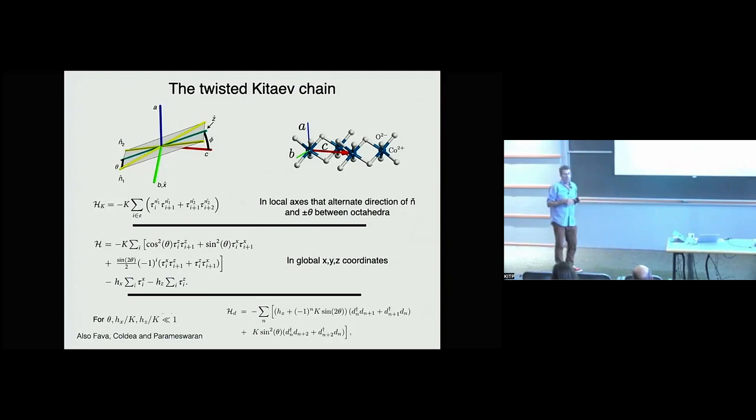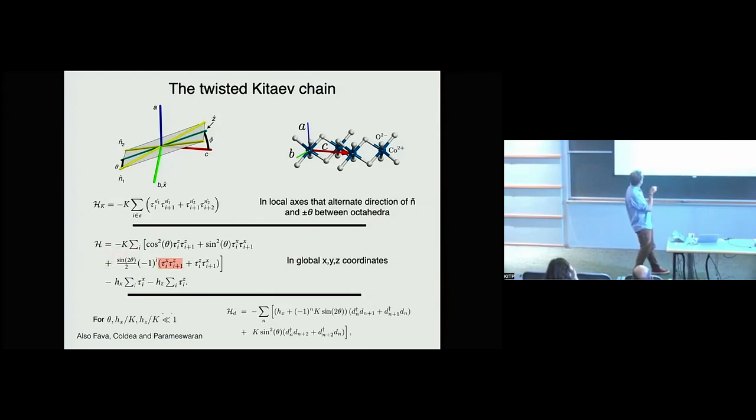In the strict Kitaev case, the octahedra would give you that this angle is 40.3 degrees. We don't expect that that's going to be the case here. So again, we set this angle as the easy axis just as a free parameter and fit it to experimental data. This idea gives you a number of important insights quite quickly.